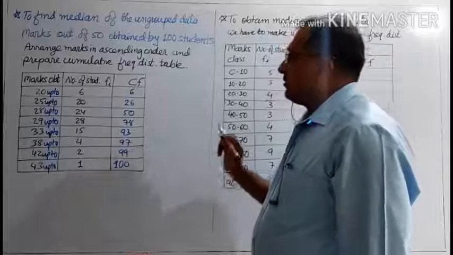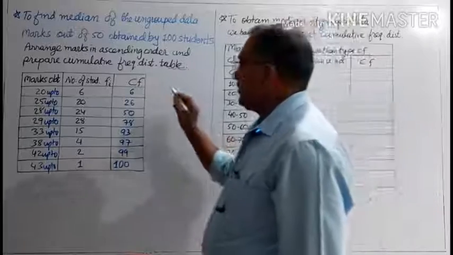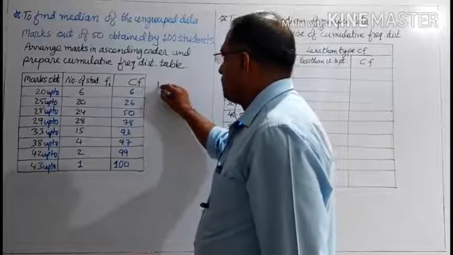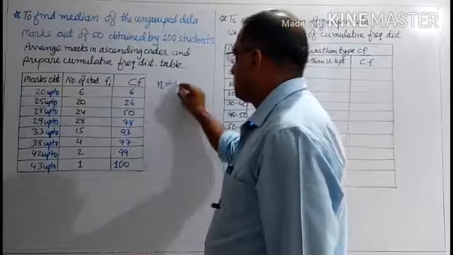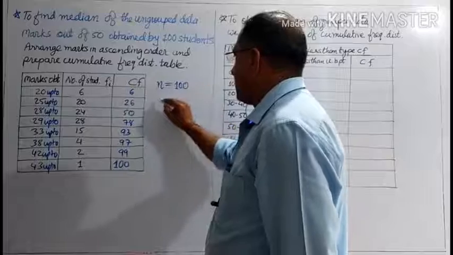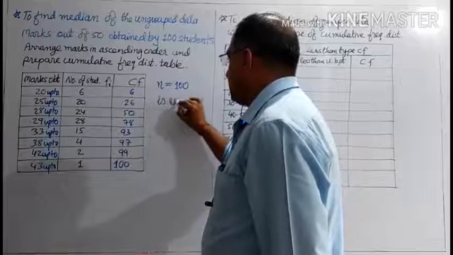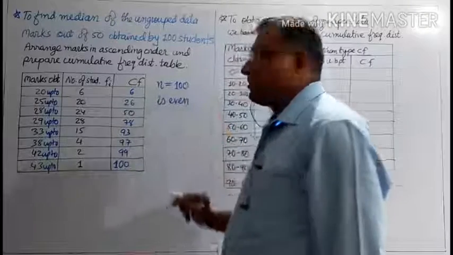Now we have to find median. Okay, so for that, first of all we must know n. N means number of students. So number of students 100, and n is even, that is 100 is even.